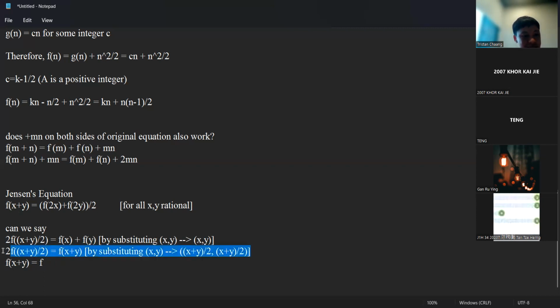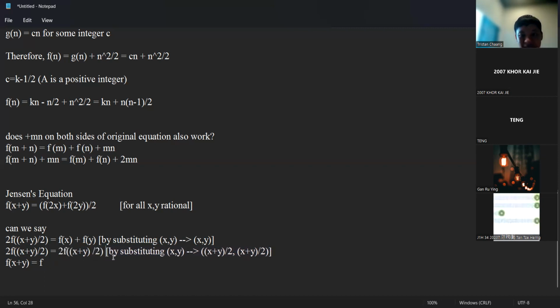Okay, sorry. This one's a bit false. You don't get this one if you substitute x and y as the same. You get both sides equal to 2. So this approach doesn't work.